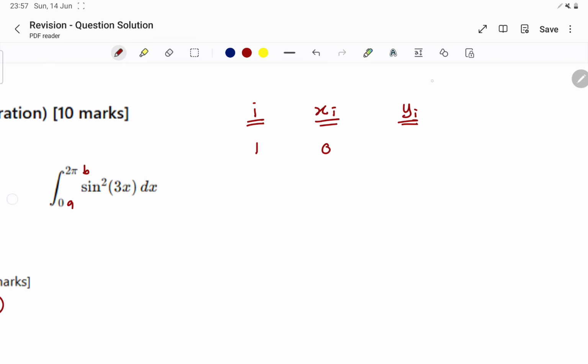For yi, you substitute the value of x into the function they provide in the integral, sine squared 3x. So if you substitute, you get sine squared of 3 multiplied by 0, which is equal to 0. Then you substitute one by one.